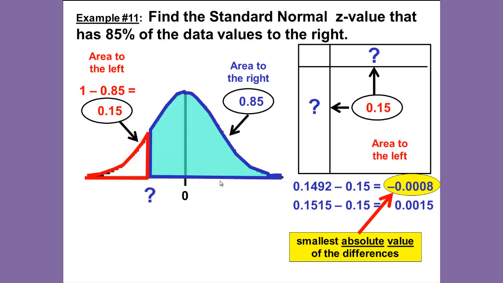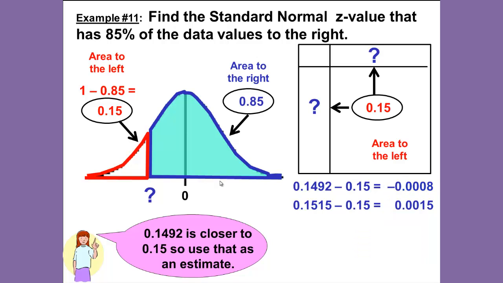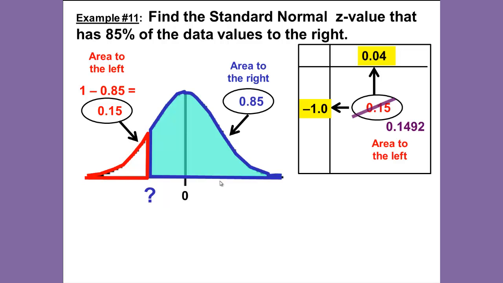The smallest absolute value of the differences is the negative 0.0008, which means we want to use the 0.1492 as our estimate. So using that as our estimate gives us negative 1.0 and then the 0.04 as our column, and gives us a z-score of negative 1.04.